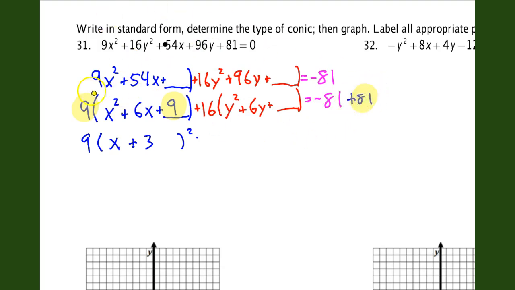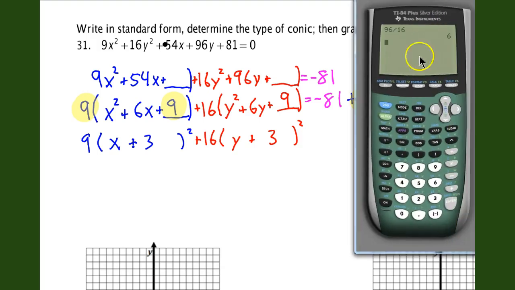So for ellipses and hyperbolas, we have to do this. Circles, we do not. And same idea here. We'll have 16 and we'll have y plus half of 6 is 3. 3 squared is 9. And we'll have to do 16 times 9 and put that on the right-hand side. So 16 times 9.